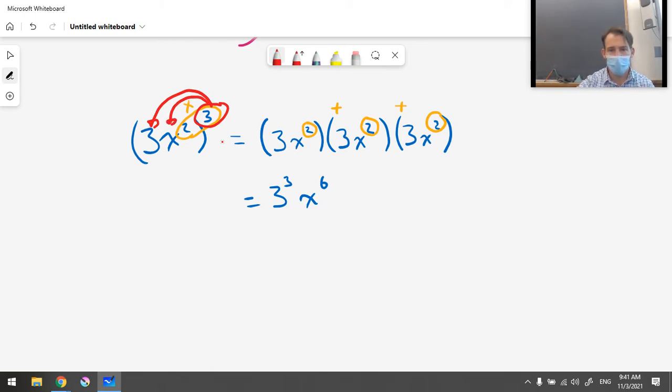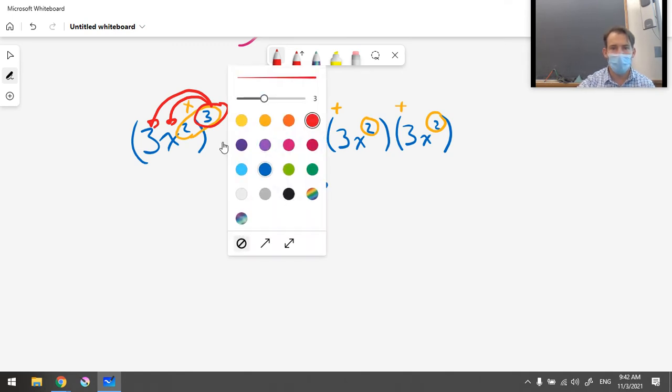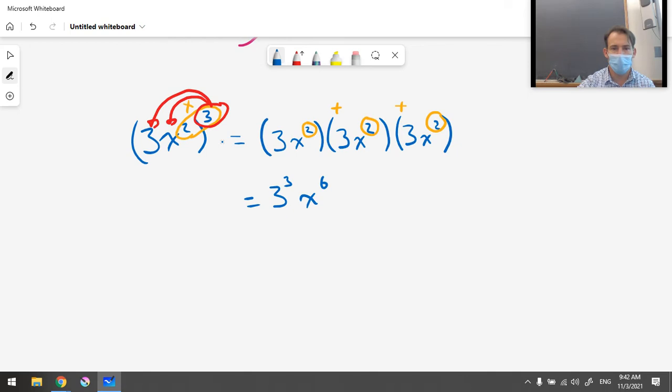So 3 times 3 times 3 is 3 to the 3. That all overall will give me the answer of 3 to the 3 is equal to 27 x to the 6. That's just a number, so to simplify it, just write it as a number. This is a variable, so there's no way to simplify that. It's just an x to the 6.